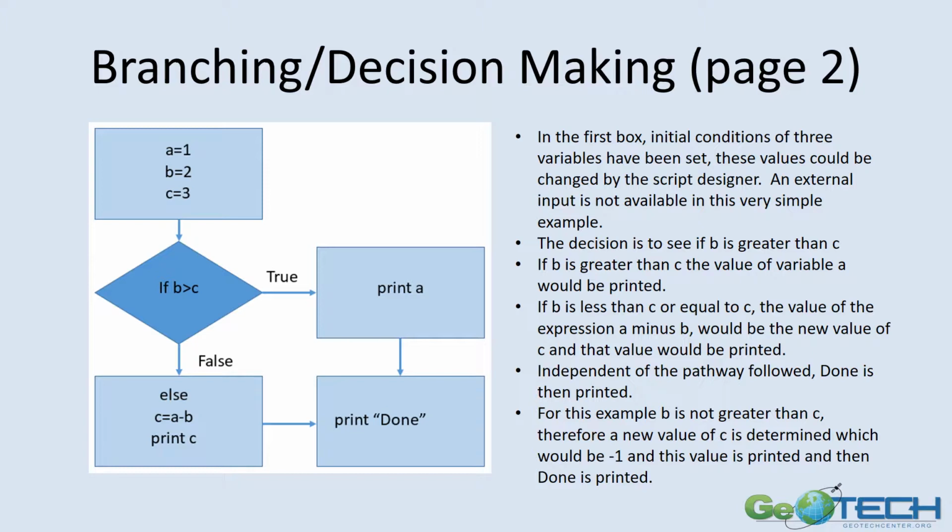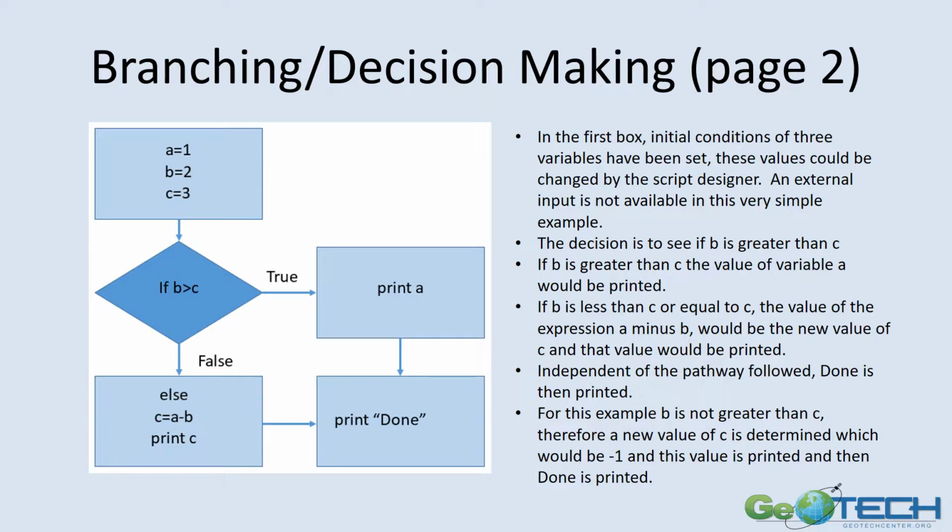And that's going to drop down vertically to an else statement, and it's going to change the value of C to be C equal to A minus B. And then we have a print command, and then we leave the decision, the branching statement, and we print done. Let's assume that B was greater than C, so B, let's say, had a value of 4 instead.